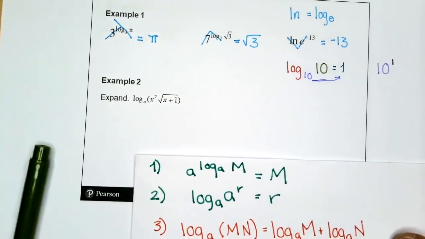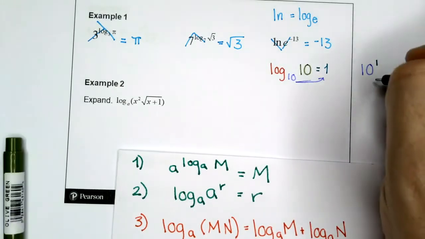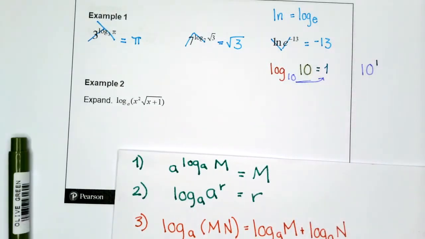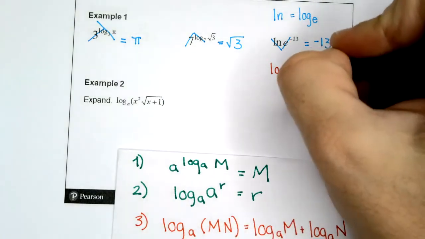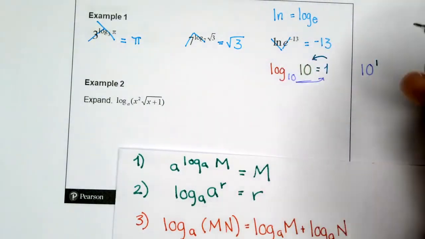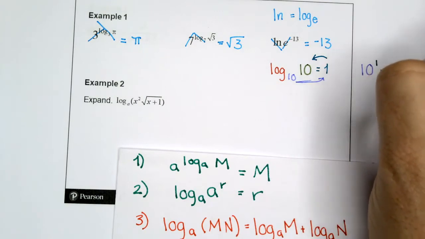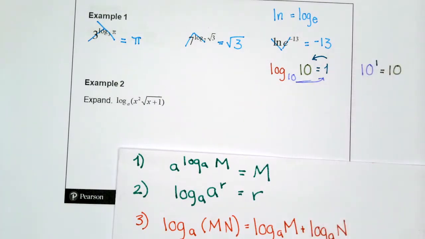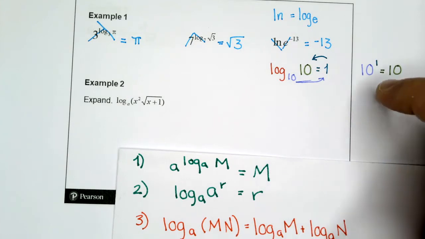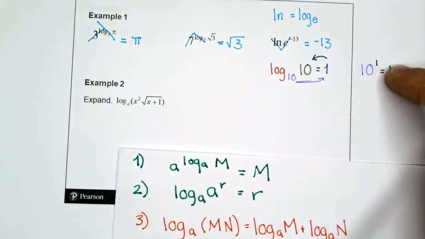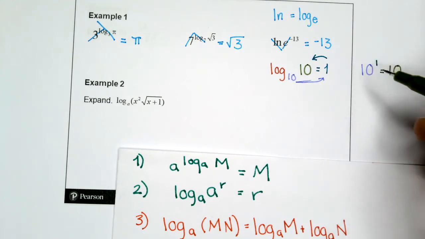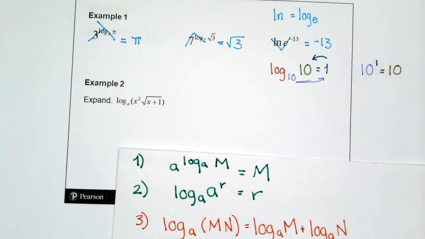Going in a circle, 10 to the power of 1 equals 10. If I was to go backwards, the log base 10 of 10 equals 1, and 10 to the first power equals 10. So that's why that works.